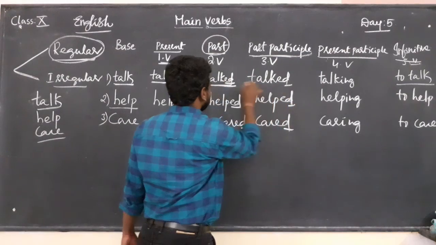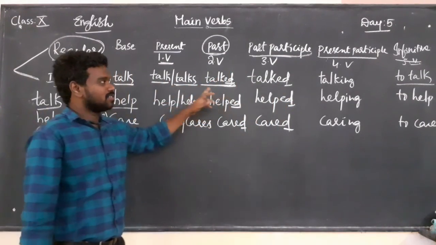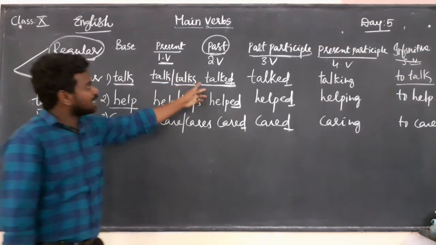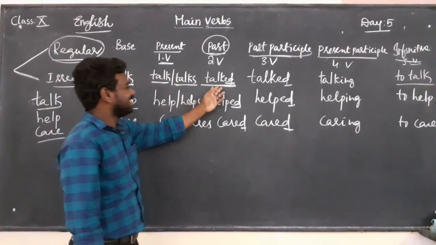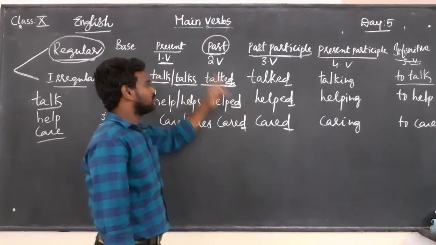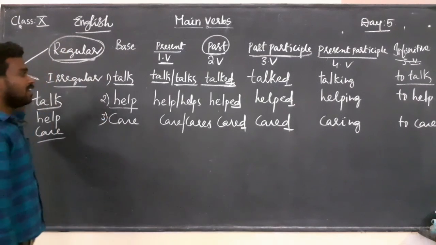So how do they form? Past and past participle are formed with ed or d added to the base form, right? Such verbs are called regular verbs.